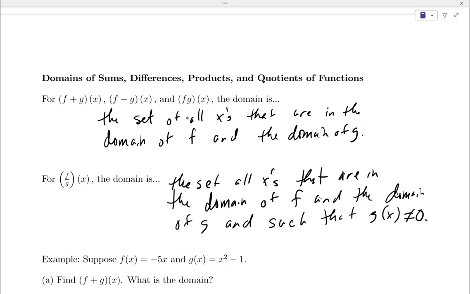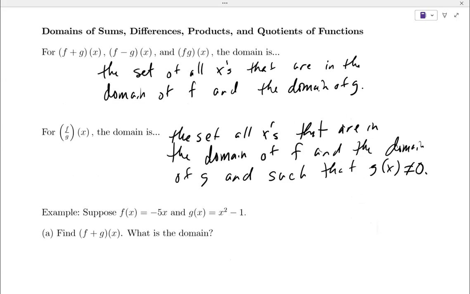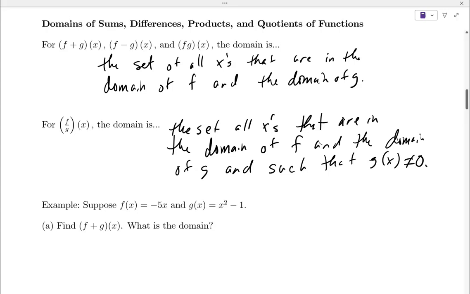So if we do this next example, this problem asks you first to find the sum of f and g. Well, again, remember f plus g of x is defined as f of x plus g of x. So what will we have in this case? Good.